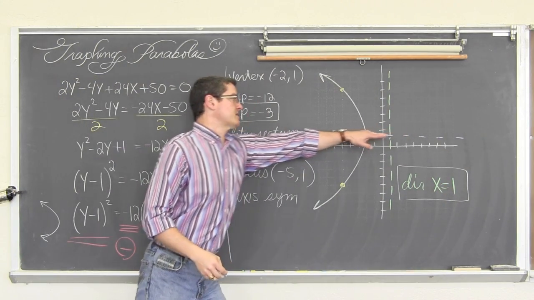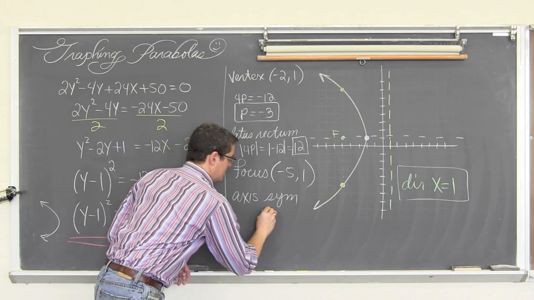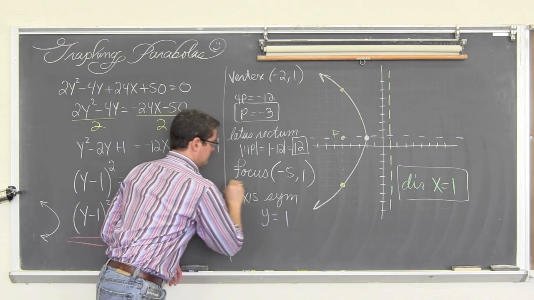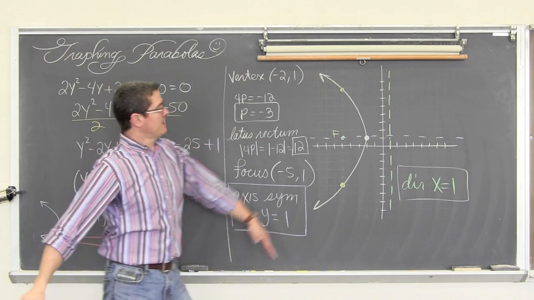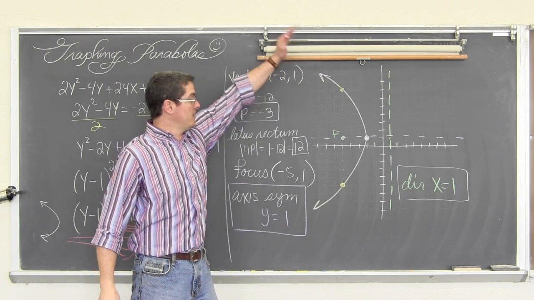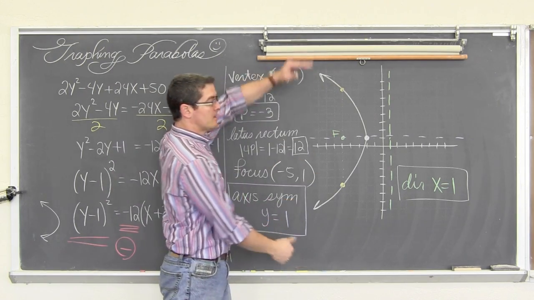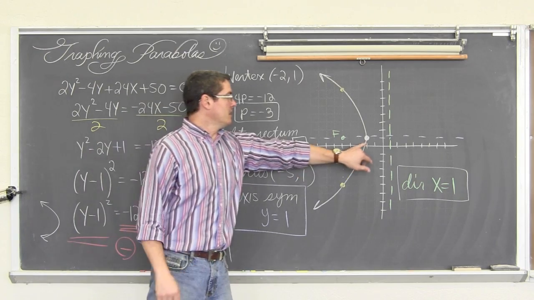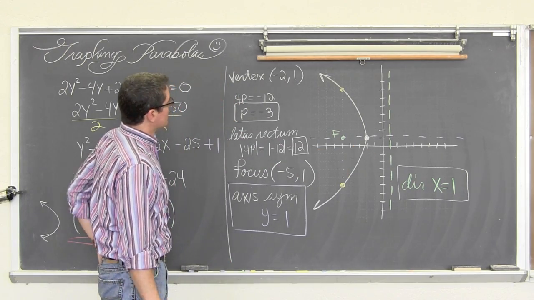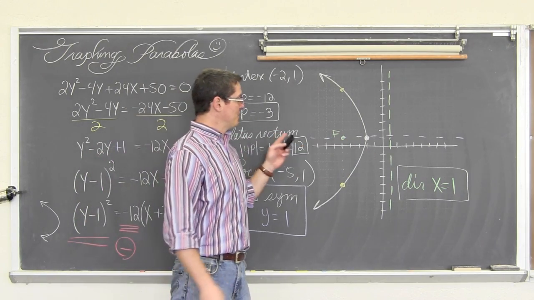So a horizontal line that's y equals 1. And the range is, the graph goes up and down forever, so the range, the y values, are all real numbers. And the domain is x is less than or equal to -2.